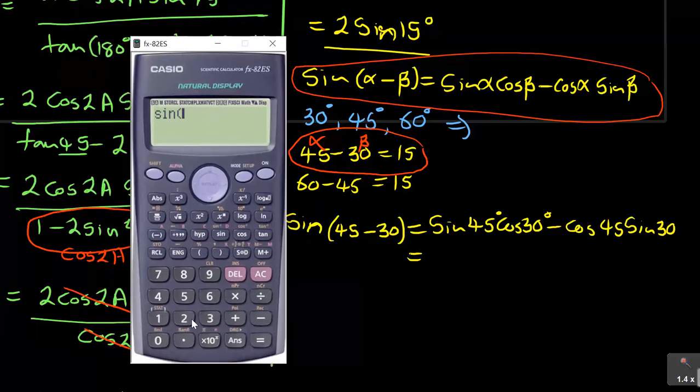Now look at sine 45. You see it's root 2 over 2, but those who know, if you write root 2 over 2, you're going to be penalized because you used the calculator here. You must know where this is coming from. Root 2 over 2 is coming from 1 over root 2. If you're not using a calculator, you're supposed to come up with 1 over root 2. So you can see 1 over root 2 is root 2 over 2.